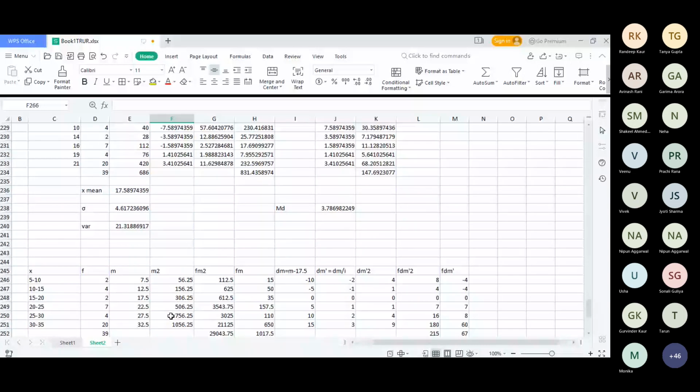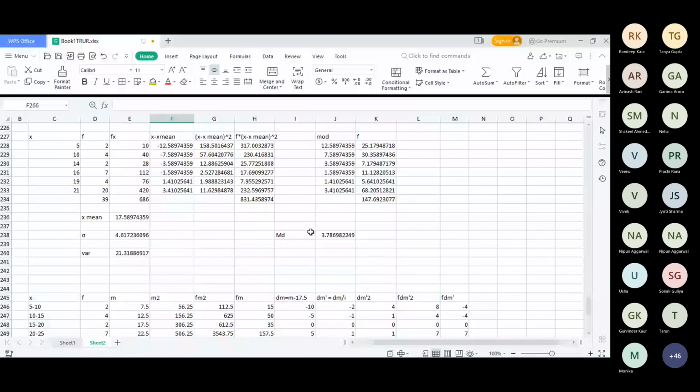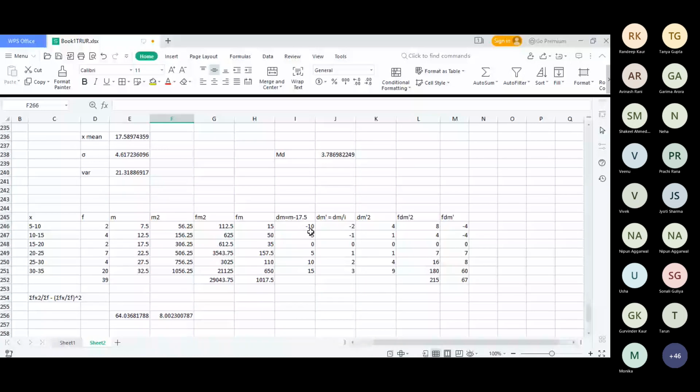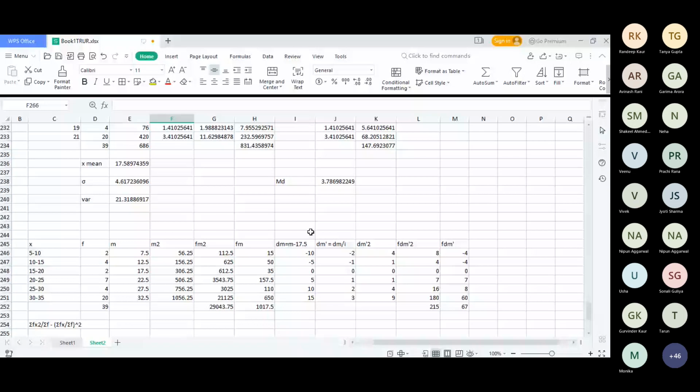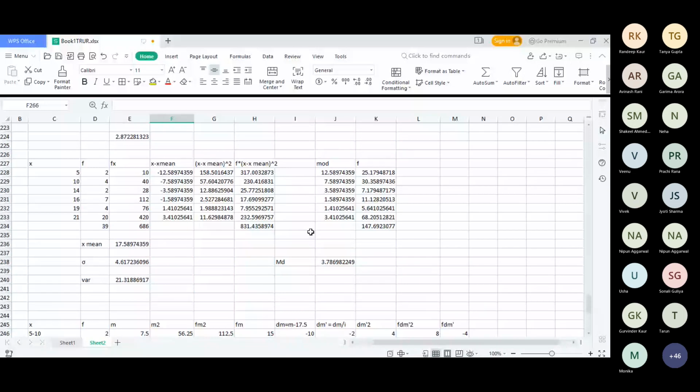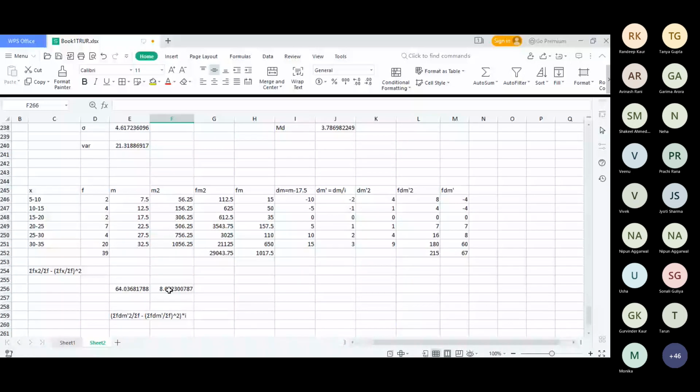There may be some error in the calculation of this and this. I'll check it and try to resolve it in the next class. The problem is that both answers should come the same as from the direct method, which gave a standard deviation of 8.